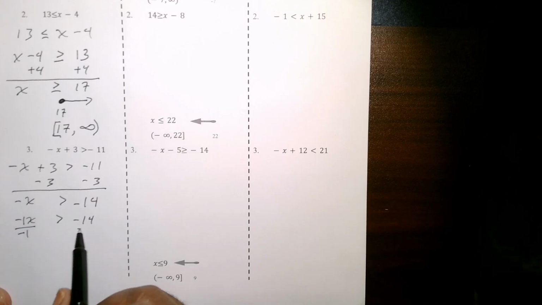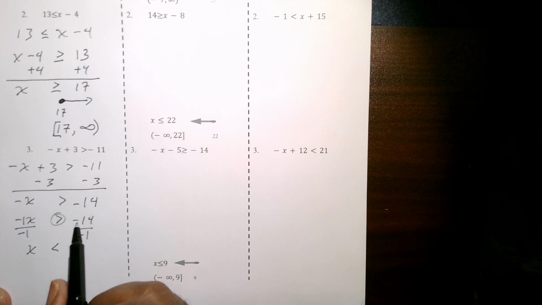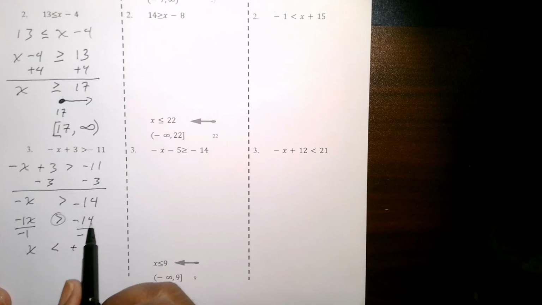If you do it on one side, you do it on the other side. But whenever you multiply or divide by negatives, you get a sign change. So this will be 1x, sign change, so that's a less than. Negative divided by negative is positive, and 14 divided by 1 is 14. So x is less than 14.